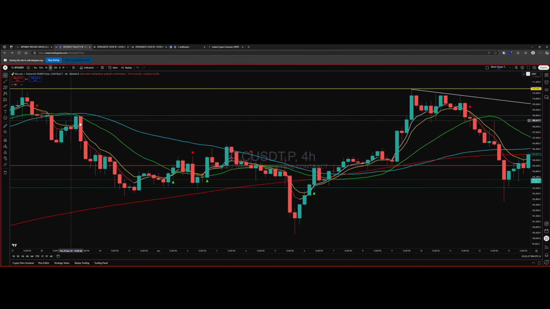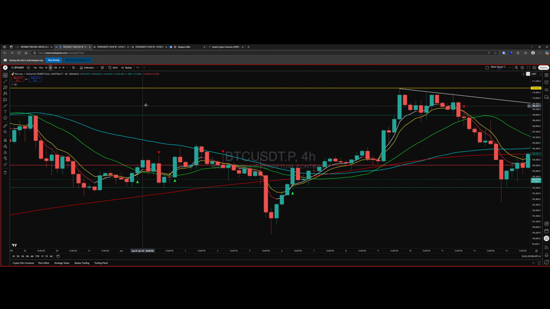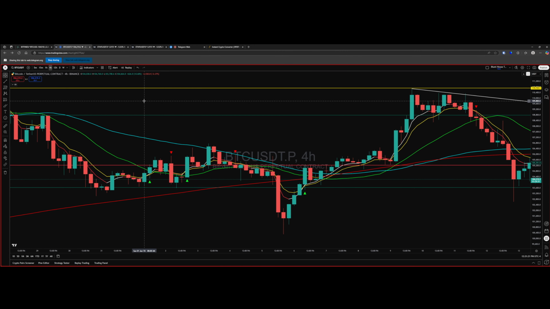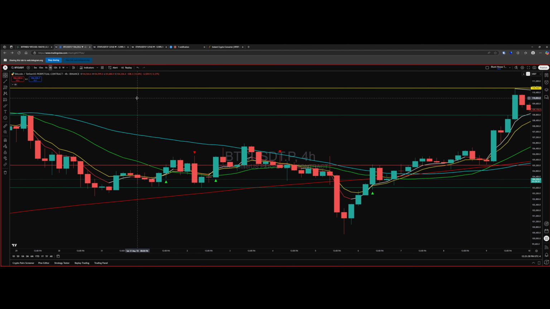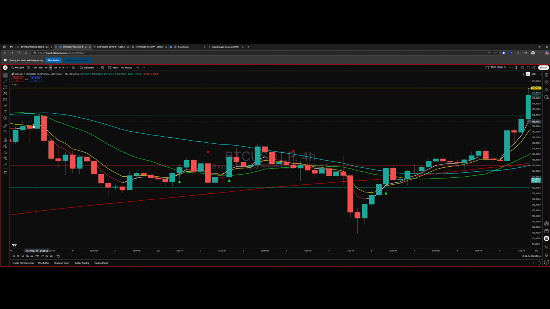Right at that level. Now, that's not all bad, because actually what it's giving you is an opportunity to re-enter your short and feel good about it, because the divergence never broke, right?